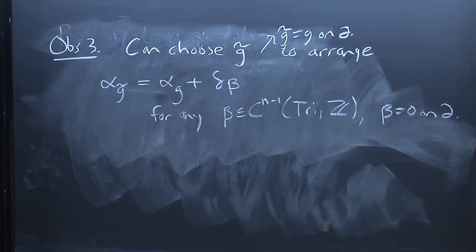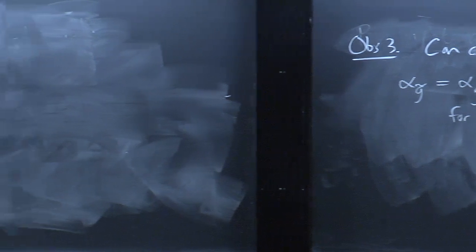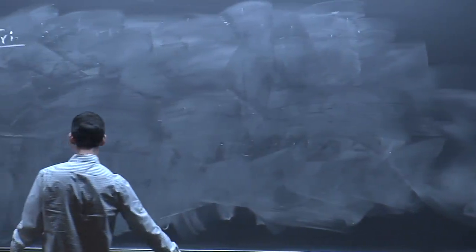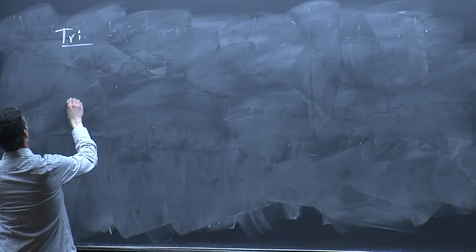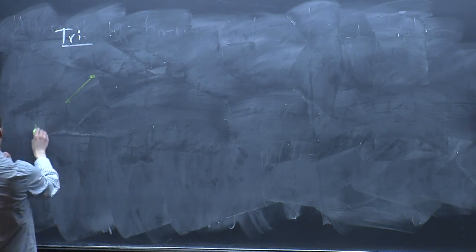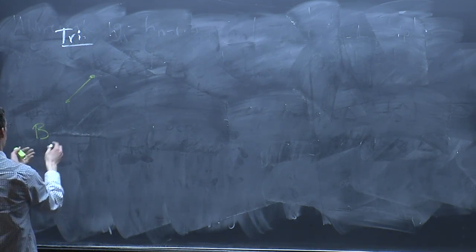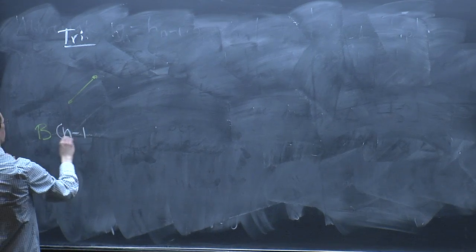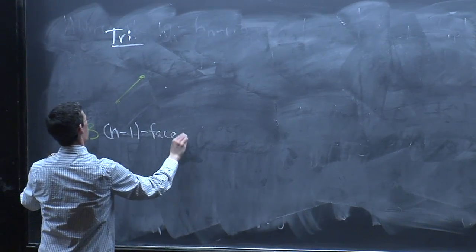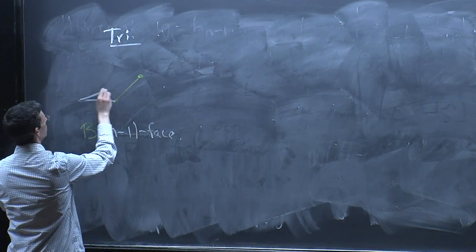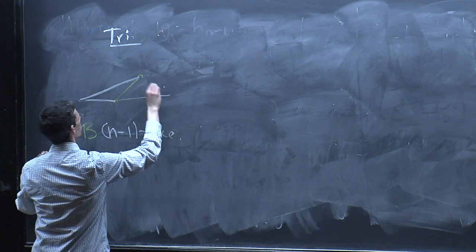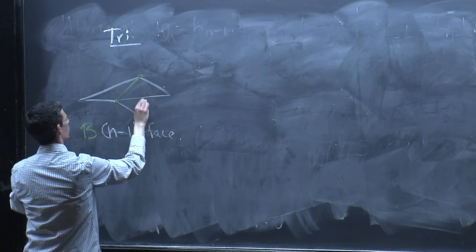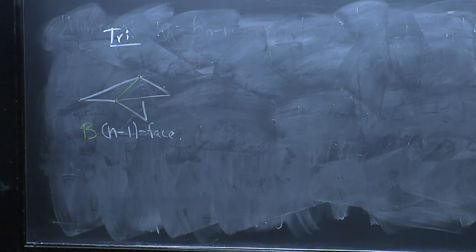OK. So in the triangulation, I'm going to pick out a particular n-1 face. So I'll call this B. It's an n-1 face. And it's part of a bunch of different n faces. So I'll draw in some of them. So that n-1 face is in the boundary of several n faces.